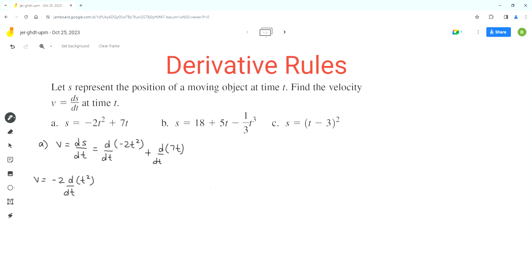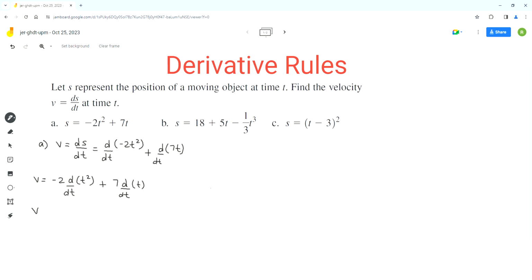For this term, we use the constant product rule. So we move the constant outside of the term to find the derivative of the variable term. Now in the second term, we'll use the constant product rule again. So we'll move the 7 to the front and we are left with the derivative of t over dt.